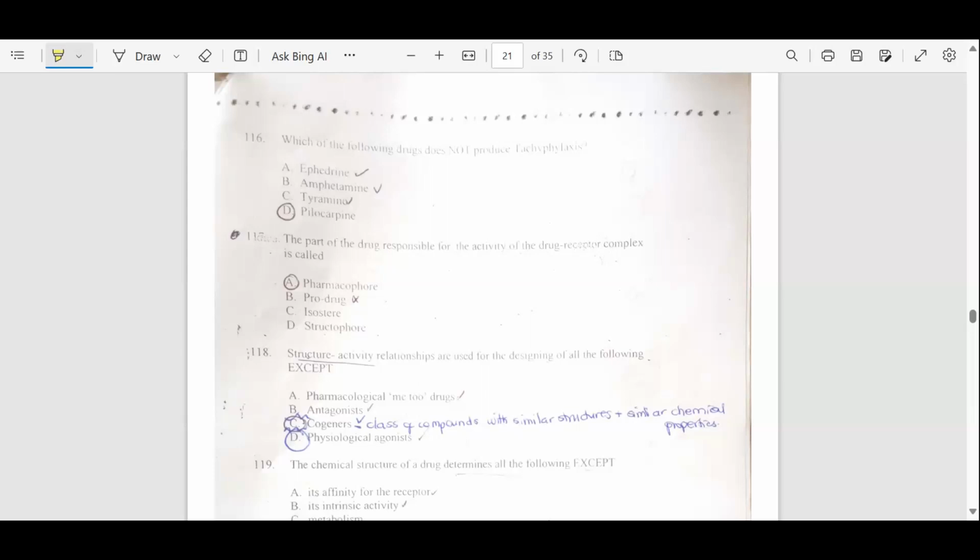Dr. Karimi? I would also go with pilocarpine. As has already been said, when eliminating, something like tyramine usually causes hypertensive crisis because of excessive production of vasoconstrictors, so there's a high chance of them giving us tachyphylaxis other than pilocarpine.